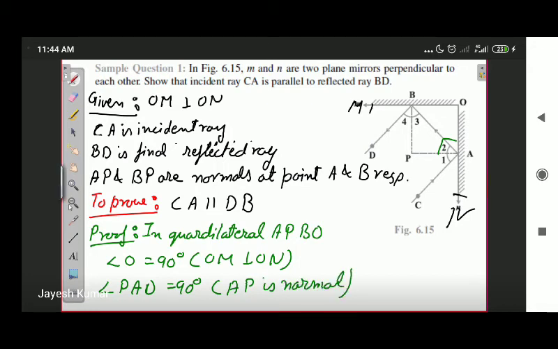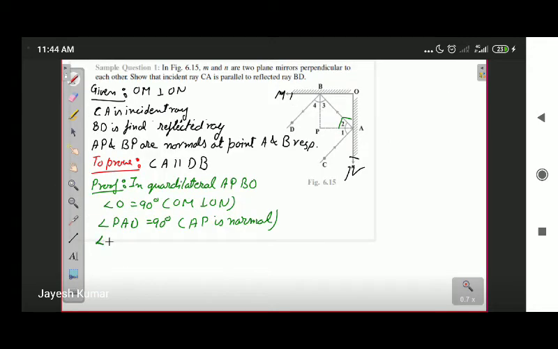In the same manner, angle PBO is also equal to 90 degrees. Same reason, BP is also normal.